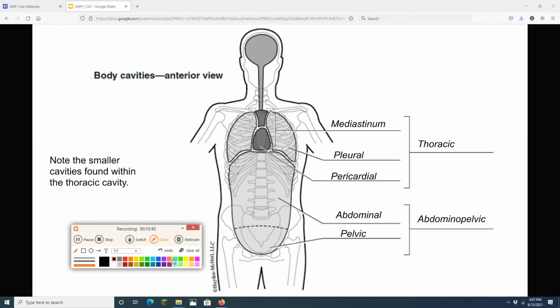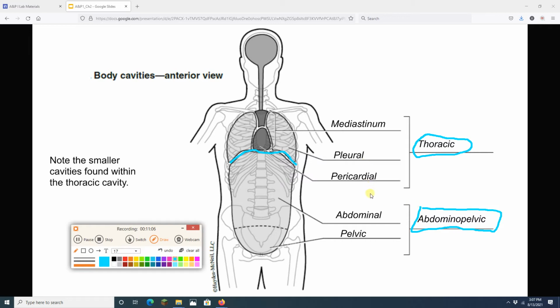Now what we can see here, we can see that diaphragm stretching right here. Diaphragm's right there. Separating the thoracic cavity, superior to the diaphragm, from the abdominal pelvic down below. And now what we're going to see is we have other cavities within them, okay? Within the thoracic cavity, at least. And we'll get to the abdominal pelvic a little later.